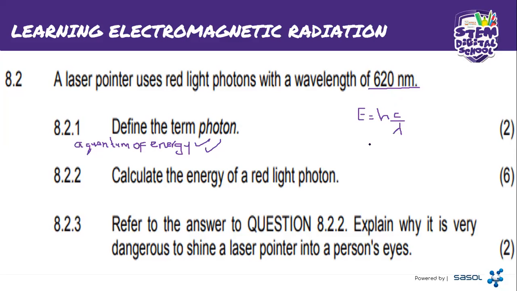For the value of h, we are going to say it is 6,63 multiplied by 10 to the power of negative 34. We will have c, which is 3,0 multiplied by 10 to the power of 8, divided by the wavelength.